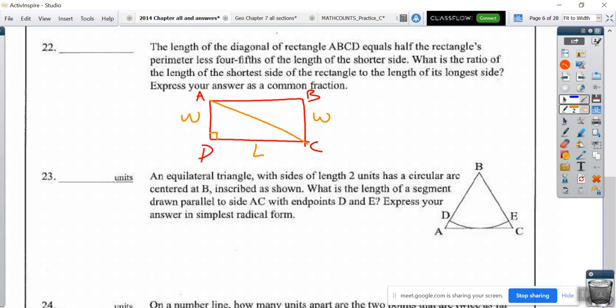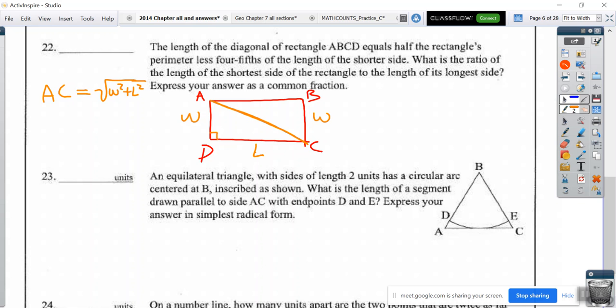So AC is equal to the square root of W squared plus L squared. And how did we get that? Pythagorean Theorem, because W squared plus length squared has to equal this distance squared.